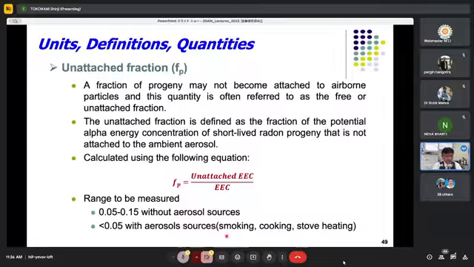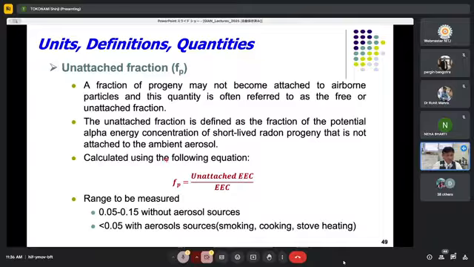Unattached fraction, Fp. A fraction of progeny may not become attached to ambient particles, and its quantity is often referred to as the free and unattached fraction. The unattached fraction is defined as the fraction of the potential alpha energy concentration of short-lived radon progeny that is not attached to the ambient aerosol.